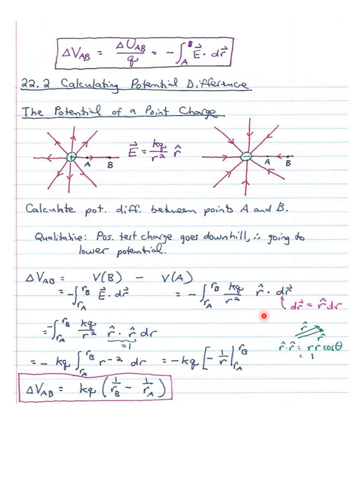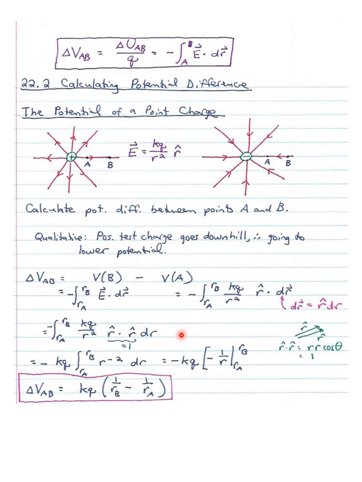So when we take this dot product right here, there's certainly the kq over r squared, but think about that dot product: r hat dotted with r hat dr. A vector dotted with itself is just going to be the magnitude, in this case 1.